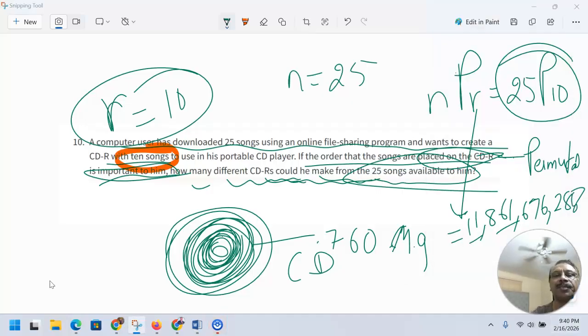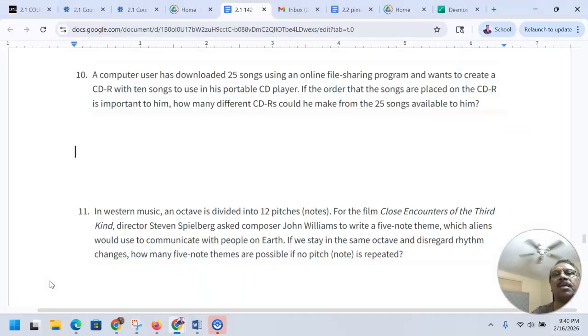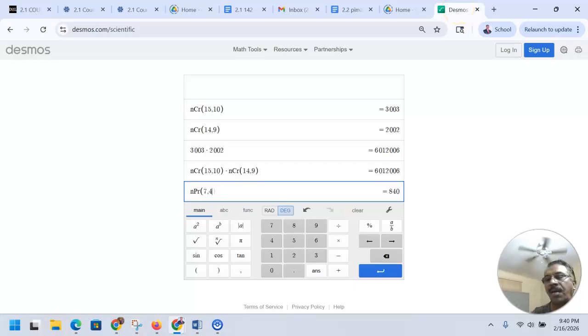I don't know. Put it on the calculator. There's the calculator. I have to do this. And you need to put 25, comma, 10. See? Wow. It gives it in scientific notation.